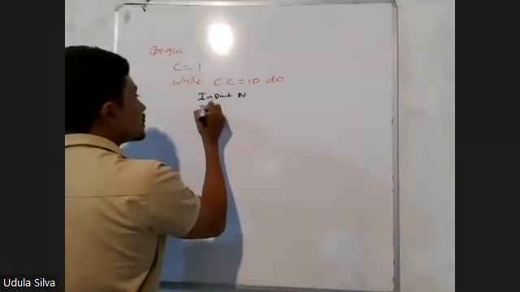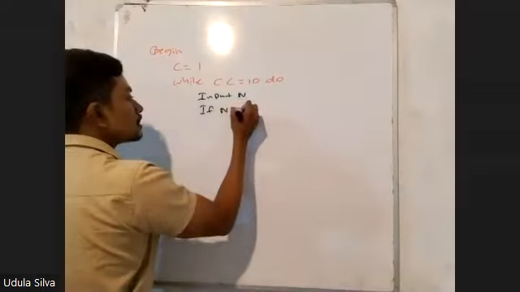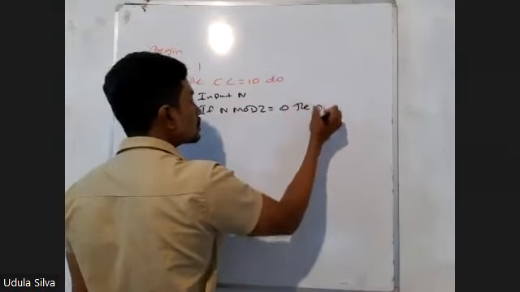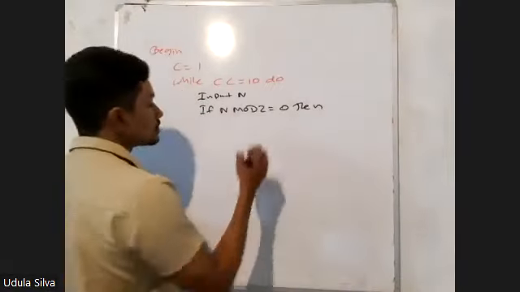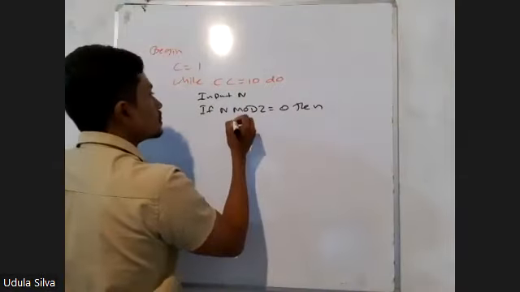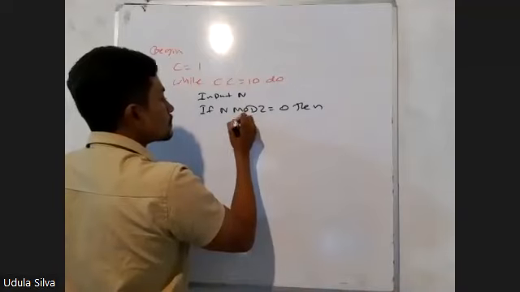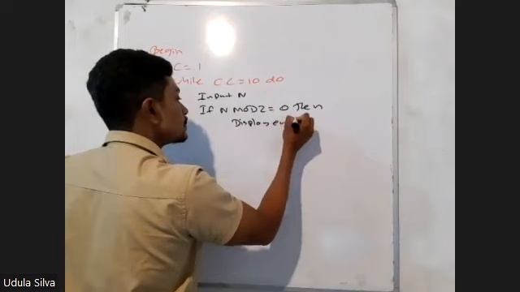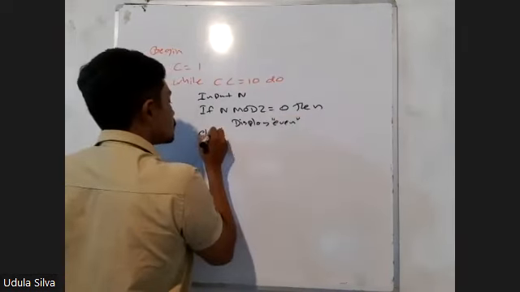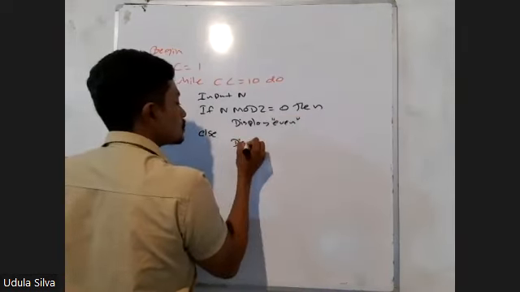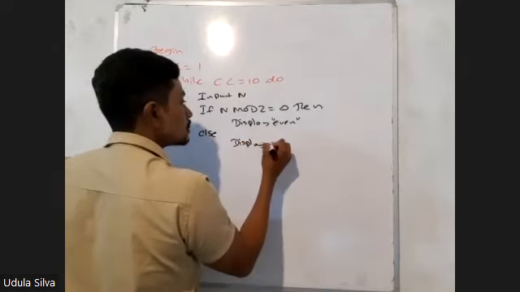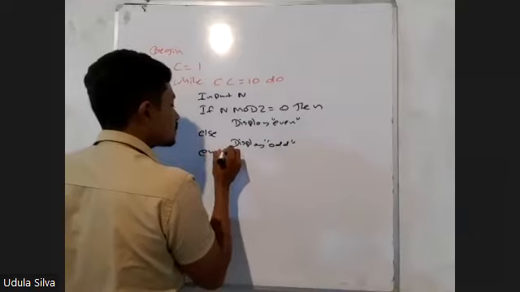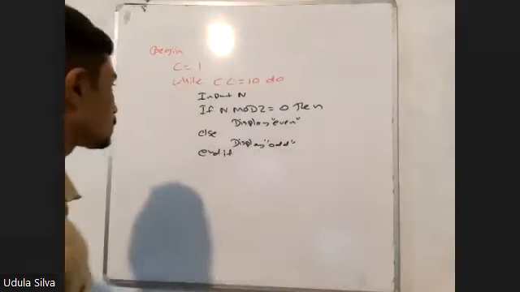If n mod 2 equals 0, then what? Display even, else display odd. It was in the selection, the if condition is over.